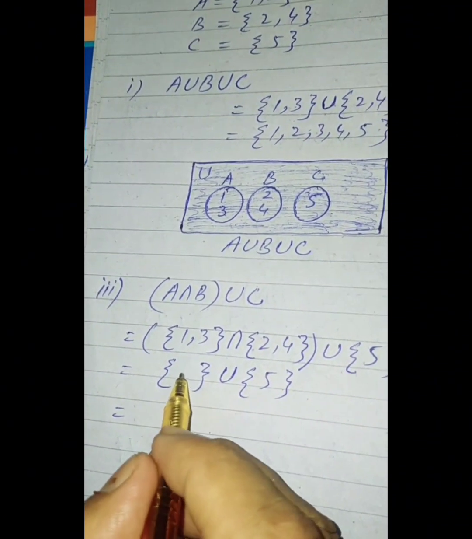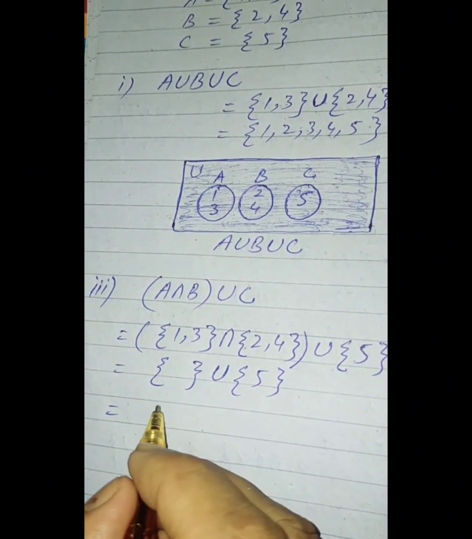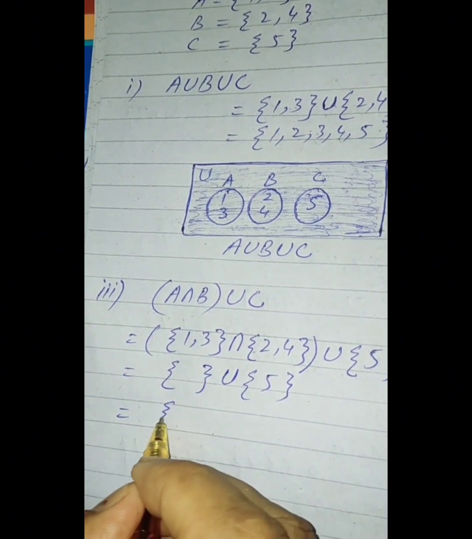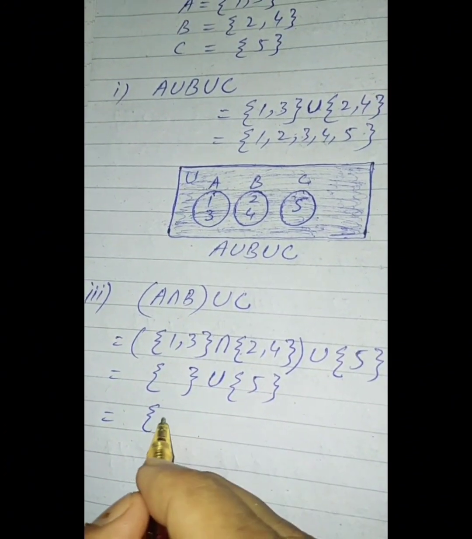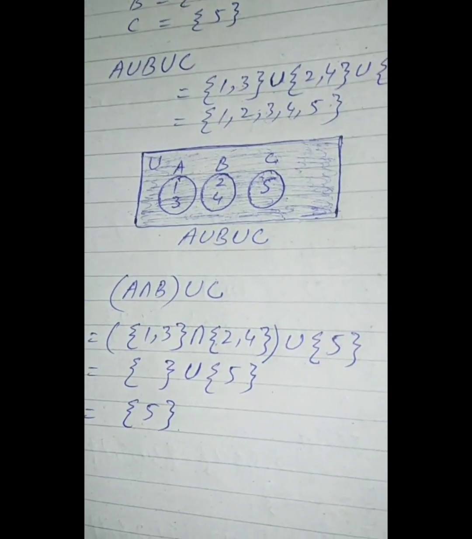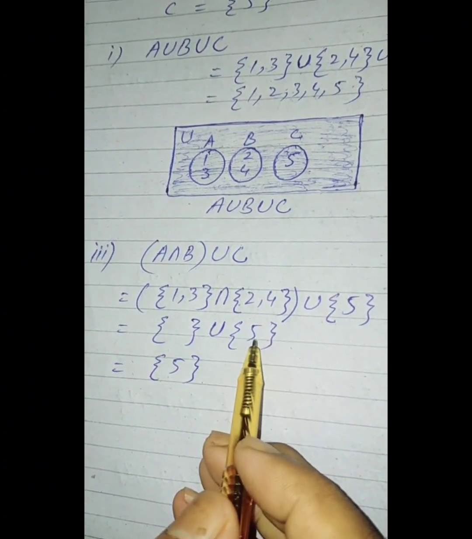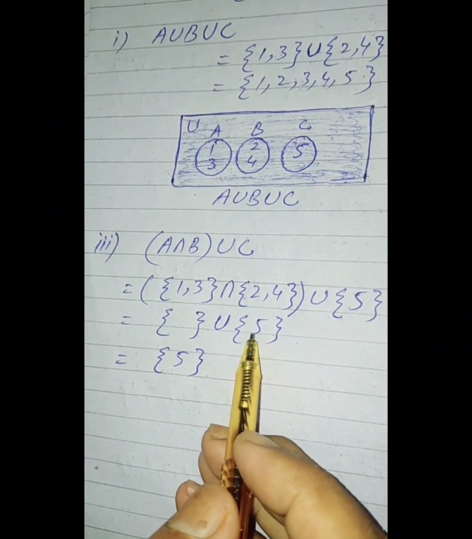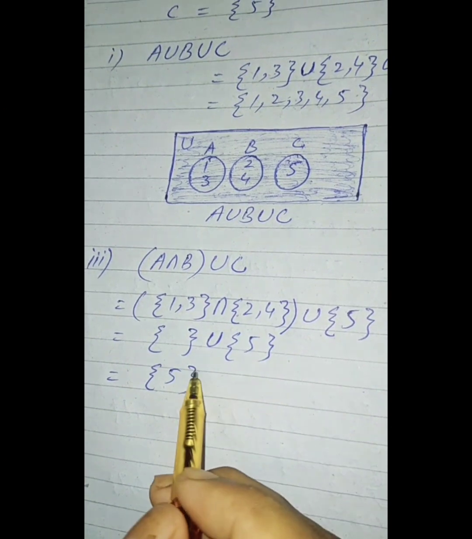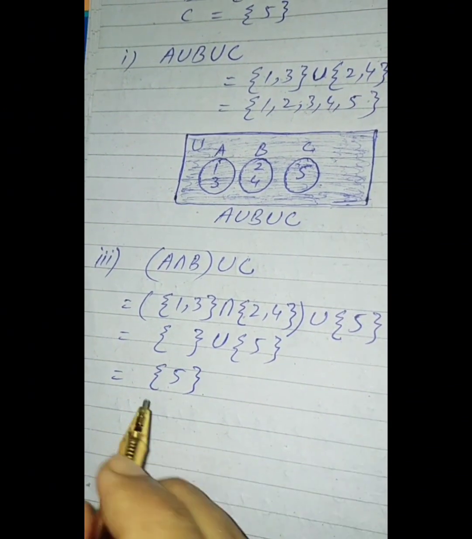When we take the union of the empty set with the set containing 5, what will we get? We will get this set as the resultant set. Is it clear? Because there is no member in the empty set which will be added to this one. So we will simply get this set as the union set of these two.